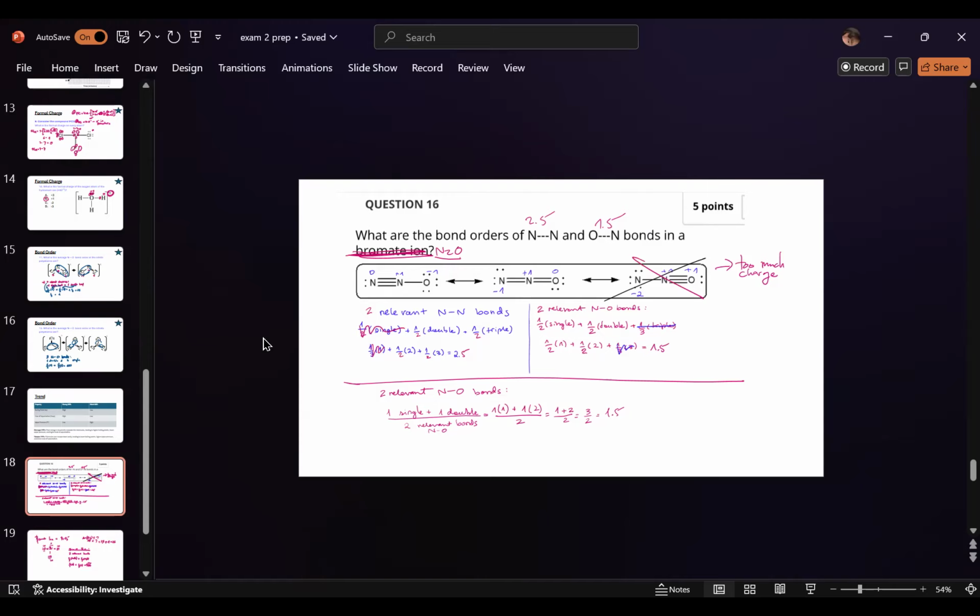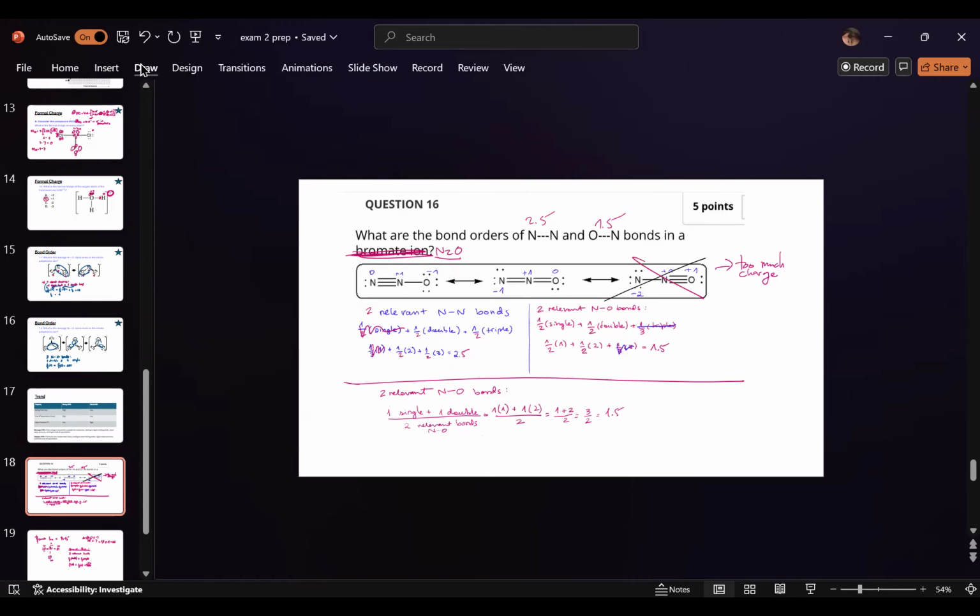And then it gives you the resonance structures for nitrous oxide, N2O. I went over it so many times, I was going freaking crazy.